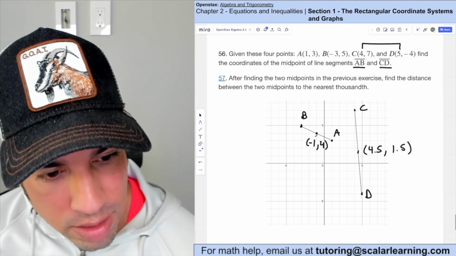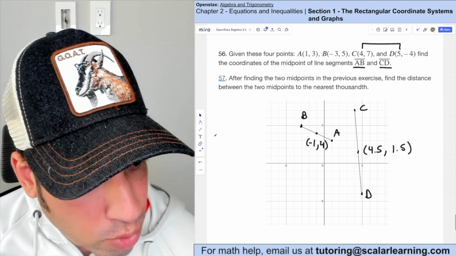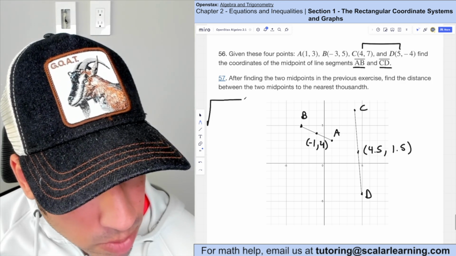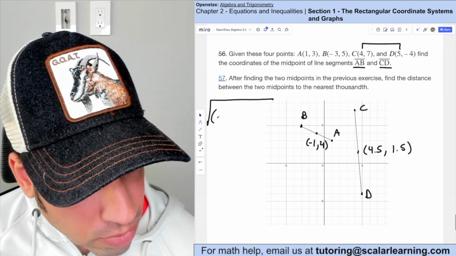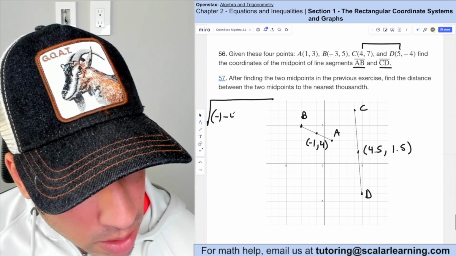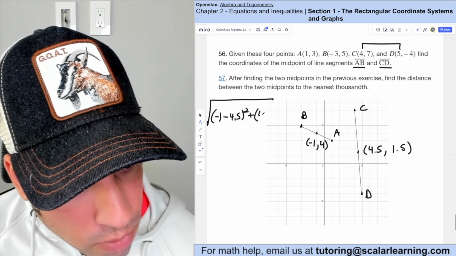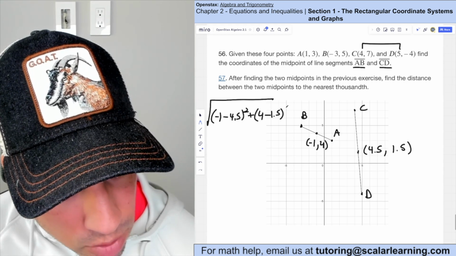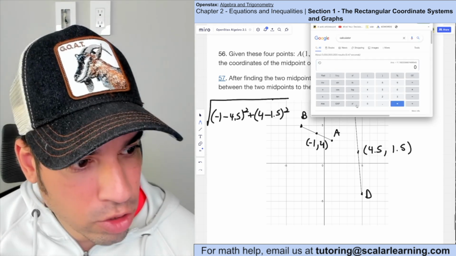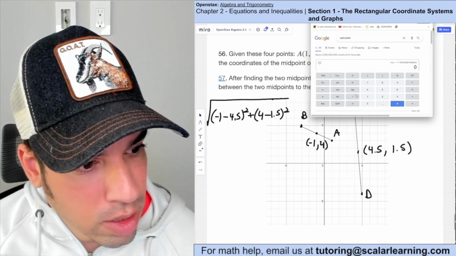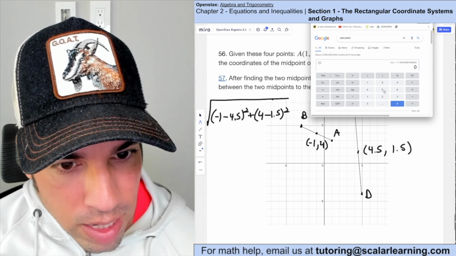Now we want to calculate the distance of these 2 midpoints. We're going to go back to our distance formula like so. So we take the difference of the x values, -1 minus 4.5 squared, plus the difference of the y values, 4 minus 1.5 squared. And I'm going to use a calculator to calculate this. So first, -1 minus 4.5 is -5.5.